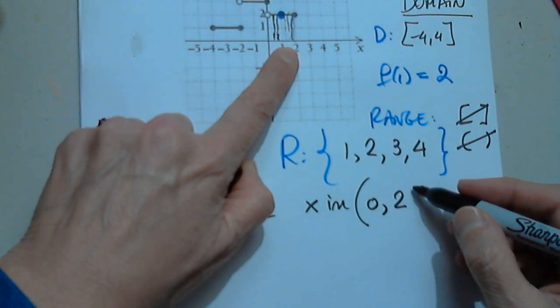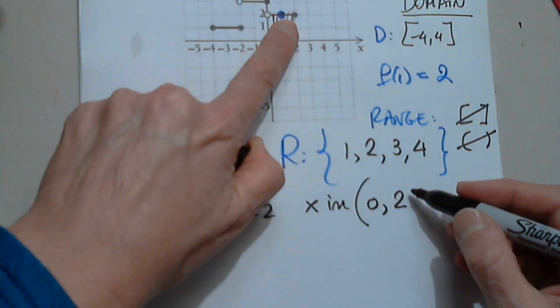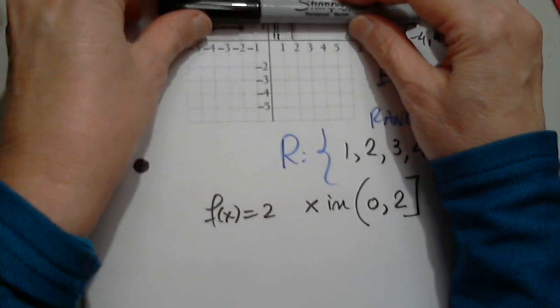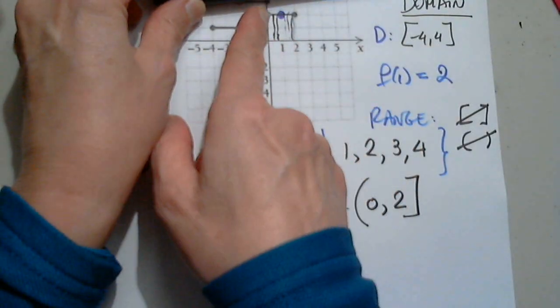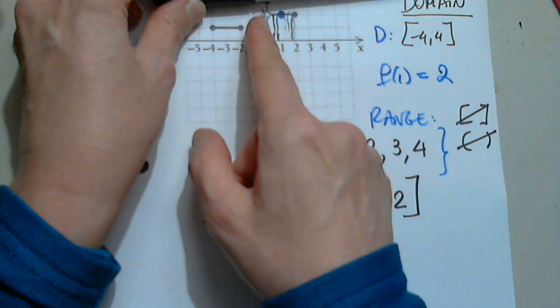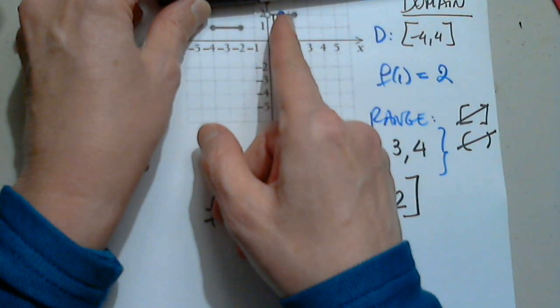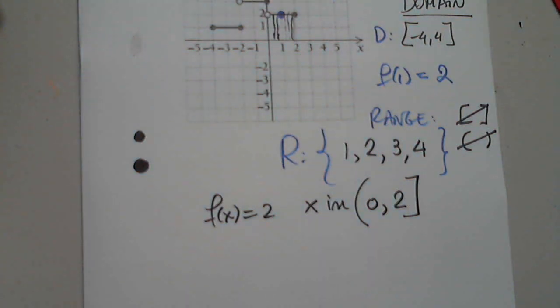And a bracket, close it. Parenthesis. That's it. Yes, you can call it close parenthesis, but it's parenthesis and bracket. Exactly. Because when y is 2, x could be next to 0, not 0. Further to the right, 1, 1.1, 1.2, and so on and so forth. So this is how we read from a graph.